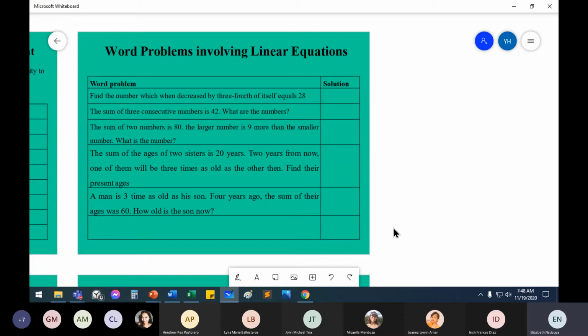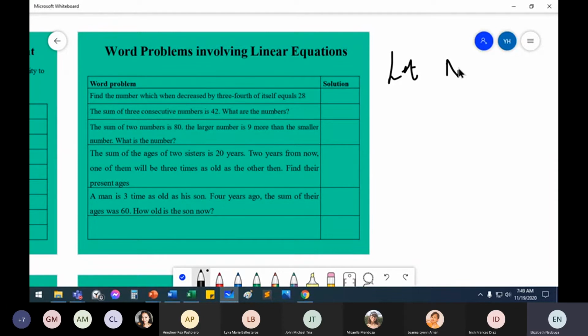I'm going to give my unknown number a variable. So I'm going to say, let the number be n. The number is n.